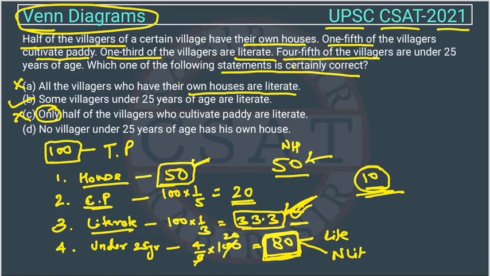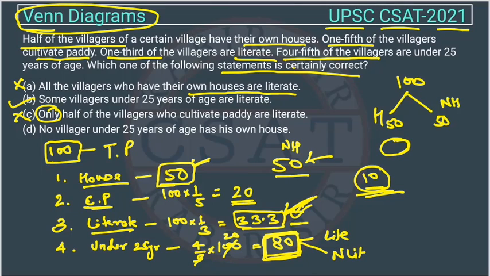No villagers under 25 years of age has his own house. So there are 80 people who are under 25, right? In total we have 100 people. Out of them 50 people have a house and 50 do not have a house, right? And we are saying a total of 80 people are under 25.